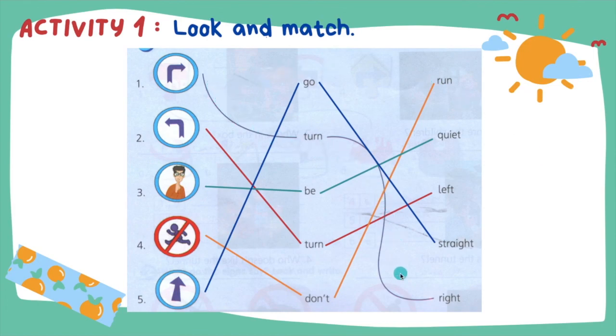Turn right. Number 2. Turn left. Number 3. Be quiet. Number 4. Don't run. And the last one, go straight. Got it? Good. Next.